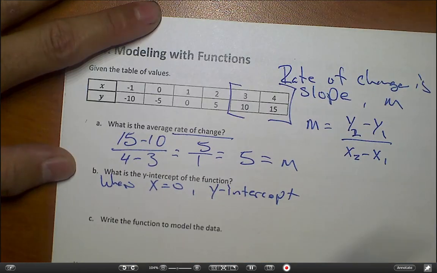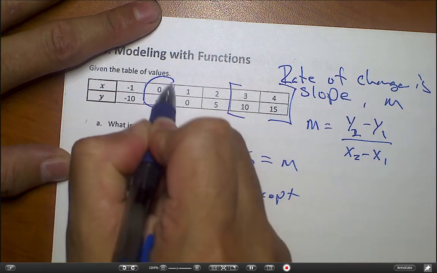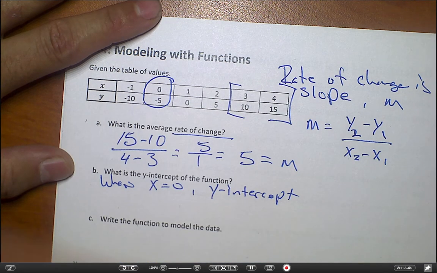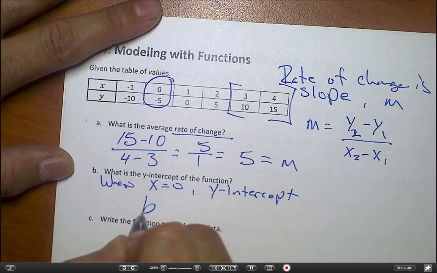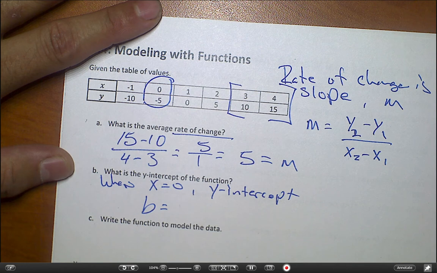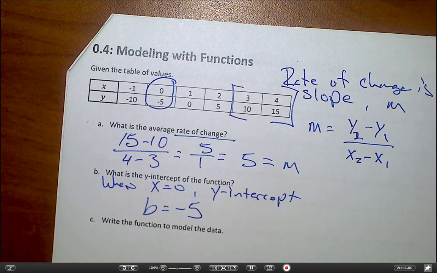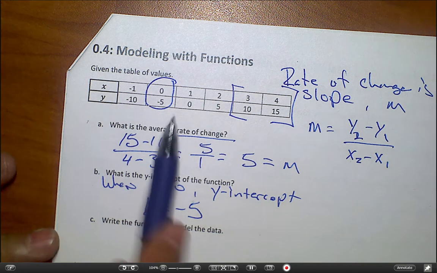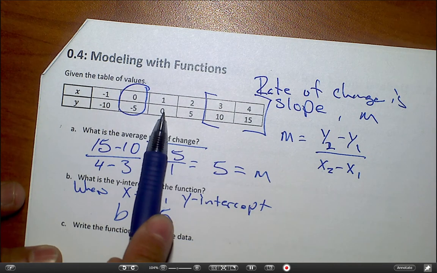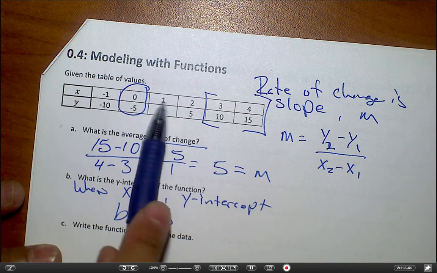So my b value, that's my y-intercept, remember, is negative 5. Given that table right there, can you tell me what the x-intercept is? It's going to be 1, right? Because the y-intercept is when x is 0. The x-intercept is when y is 0.